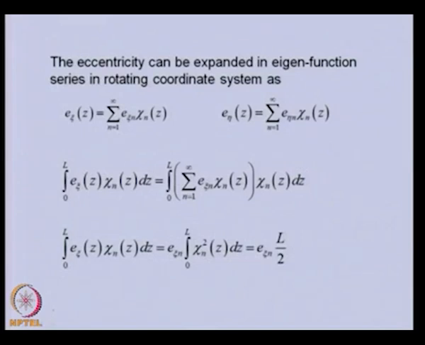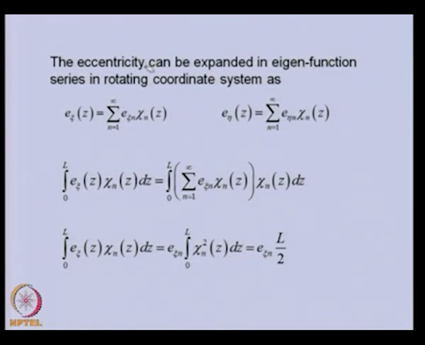So, this particular eccentricity we can expand in the form of an eigenfunction series in the rotating coordinate system. Earlier we expanded the response of the system in terms of the eigenfunction, because response comes from the force.